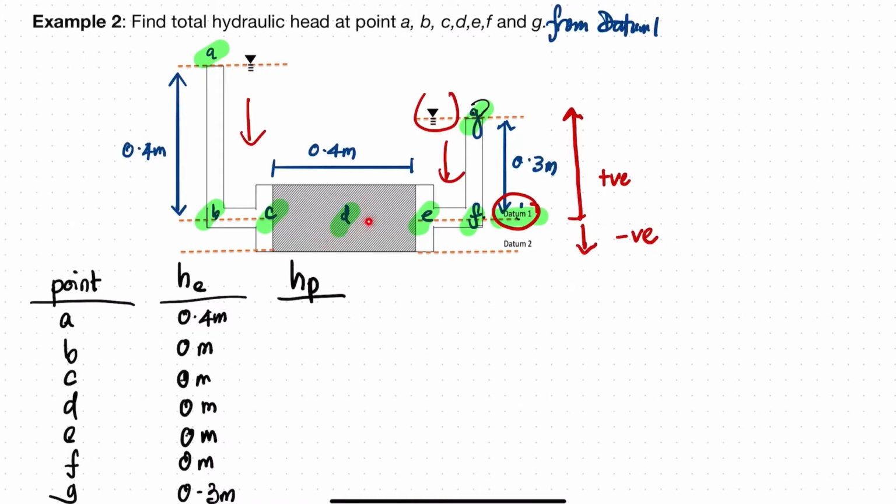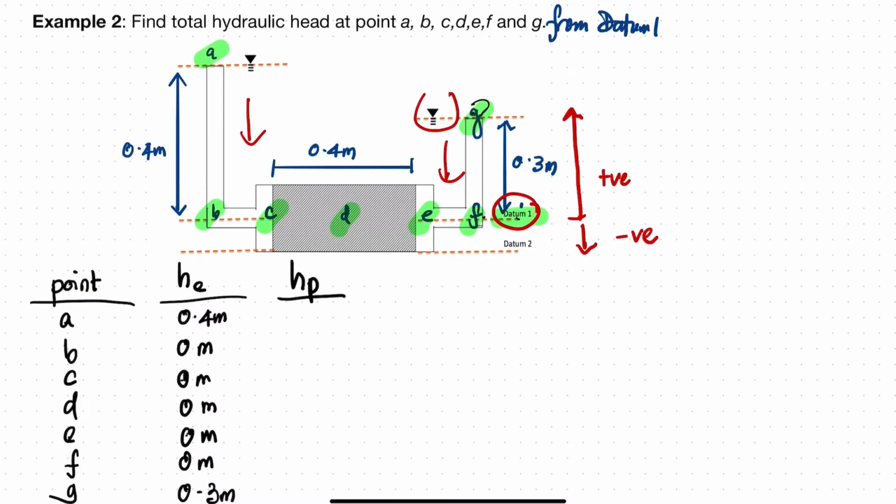The middle part D experiences some sort of reduction because you have a media here which is porous, and we're going to calculate point D separately, but we can solve the ones that are straightforward, points A, B, and C.